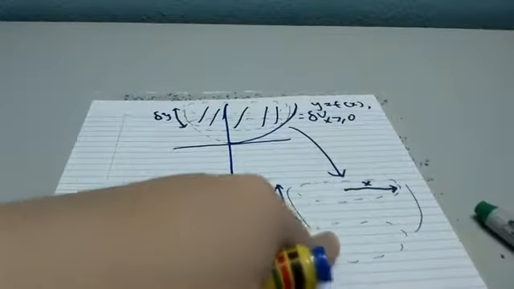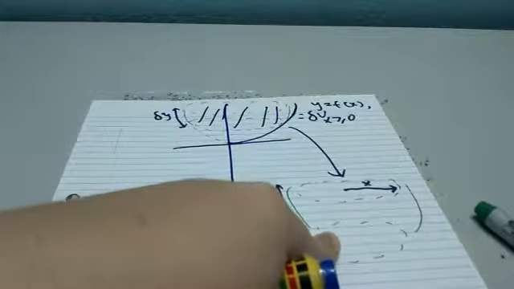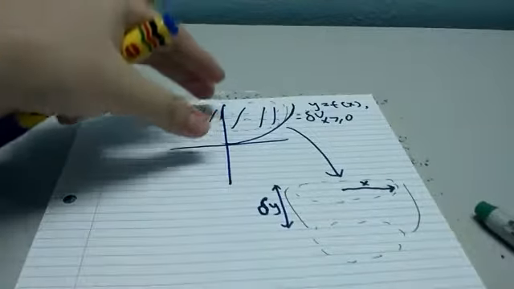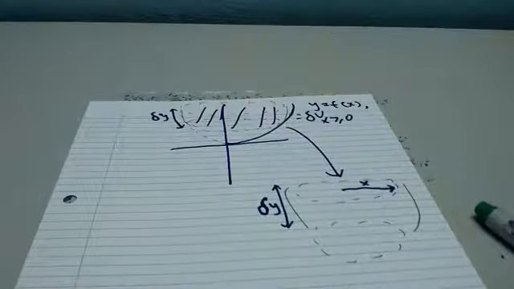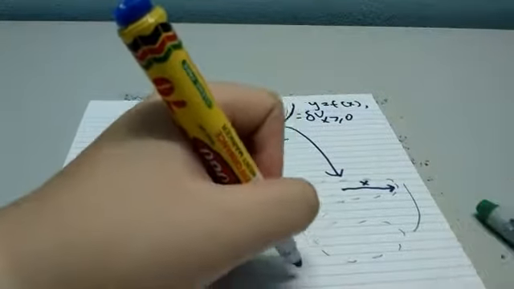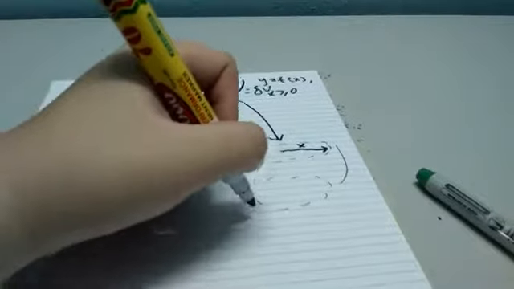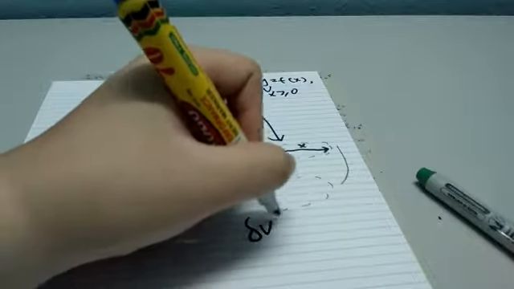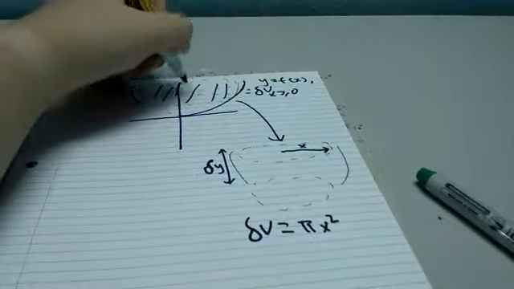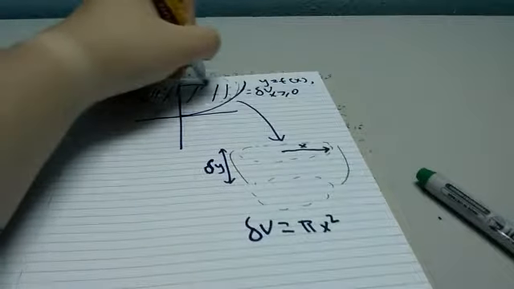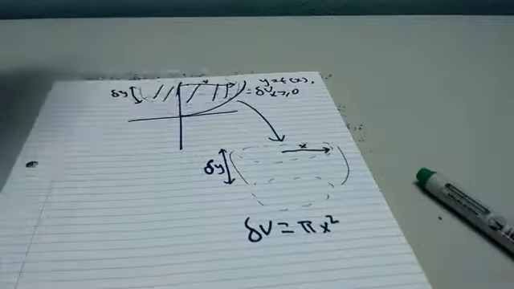I will call this delta V. Now I take this whole thing to here. So the volume of this partial solid, delta V, is equal to pi x squared. This length from here to here is x.